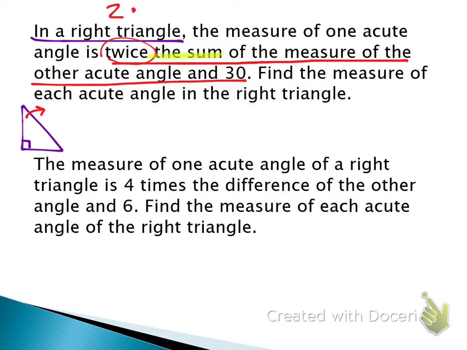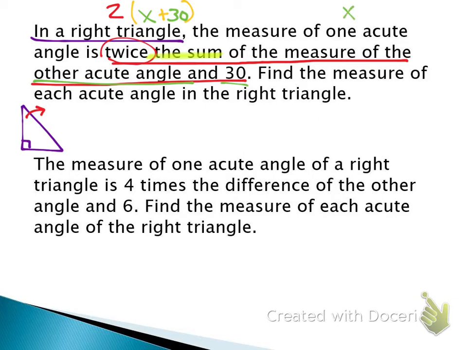Again, a sum is the answer to an addition problem. So it looks like this. You don't need the dot there. It'll be 2 times whatever these two are added together to be. The sum, and then what are the 2 things we're adding? 30 and the other acute angle. What do we want to call the other acute angle? x, and then we got 30.